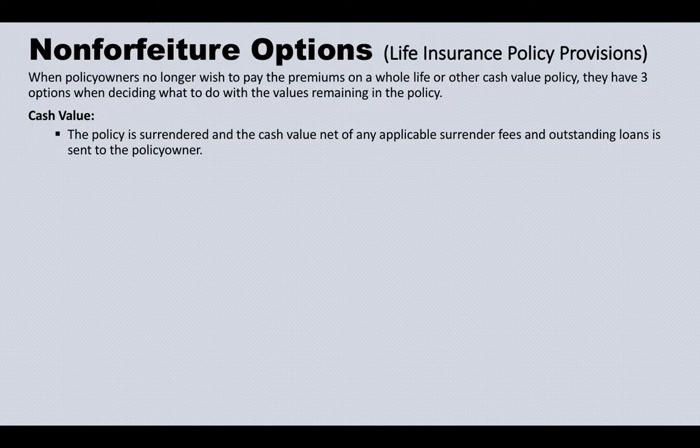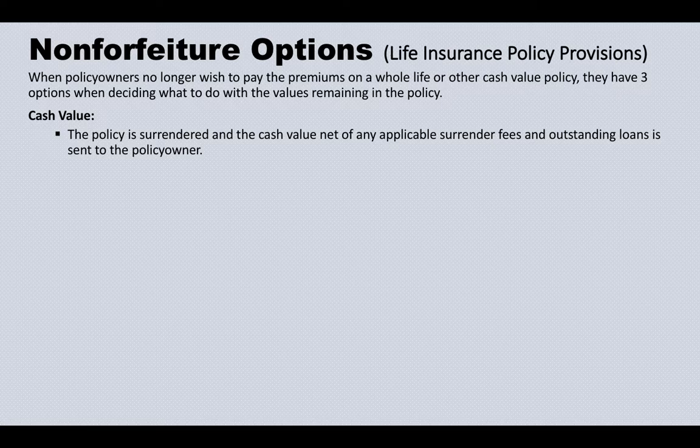Sometimes if your cash value is greater than the original premium you put in, you may have to pay tax. But most of the time it's less than your original premium, so you don't have a tax implication here.